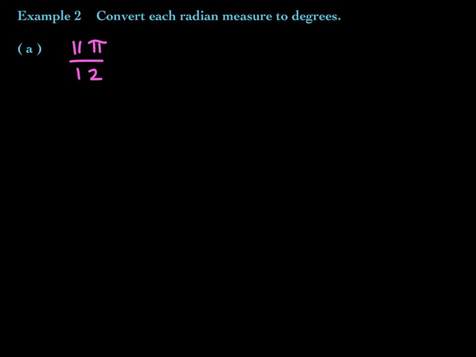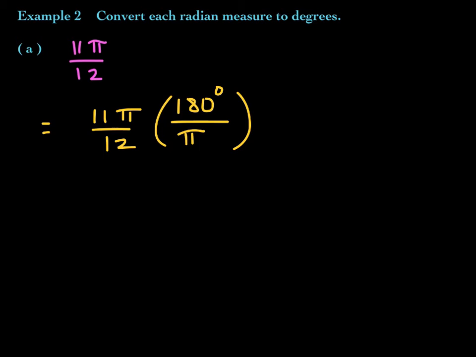All right, so let's multiply by the correct ratio. So what I'm going to do is take my radian measure, 11 pi over 12, and multiply by this ratio, 180 degrees over pi, like that. Okay, everybody, so I hope you can see what I see here, and that is pi divides out with pi, of course. And then 12 divides into 180 exactly.